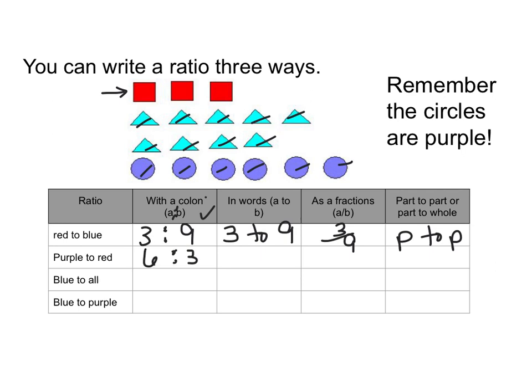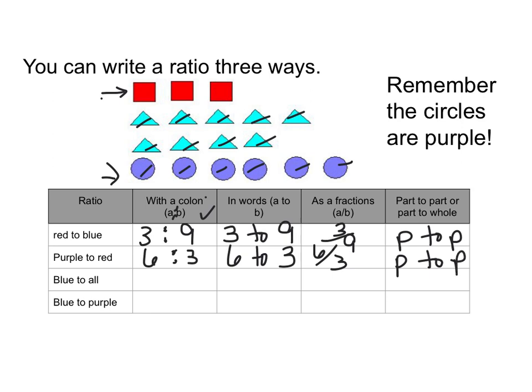You cannot write 3 to 6, because then you're comparing red to purple. It has to be purple to red. So your answer is going to be 6 to 3, or 6 over 3. And this again is color to color, so it's going to be part to part.